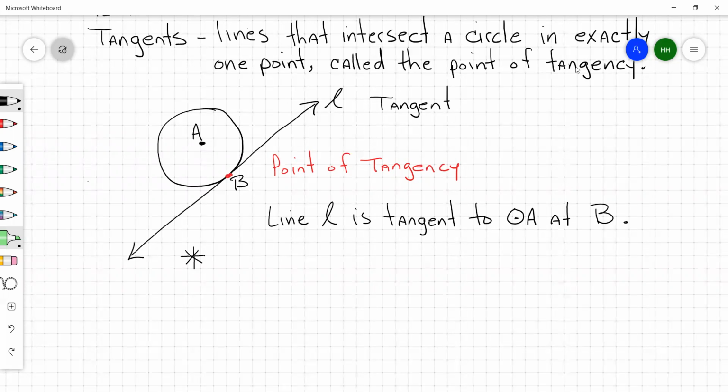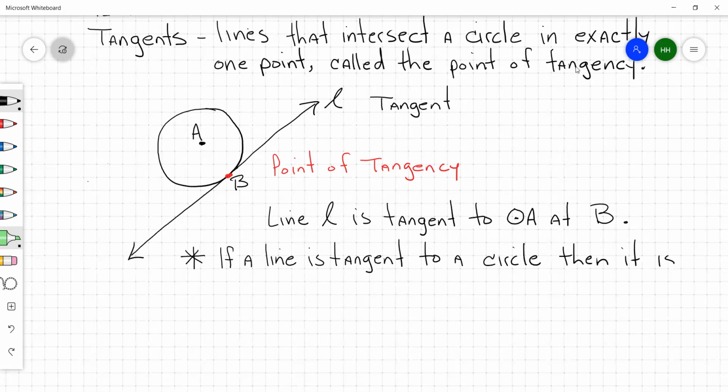We're going to say that if a line is tangent to a circle, then it is perpendicular to the radius at, and I'm going to call this POT.